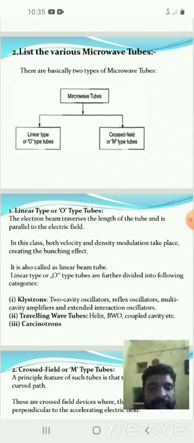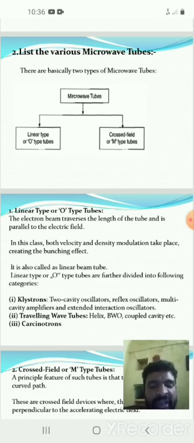These linear type or O-type tubes are again classified into three categories: klystrons, traveling wave tubes, and carcinotrons. Klystron examples are two-cavity oscillators, reflex oscillators, multi-cavity amplifiers, and extended interaction oscillators.